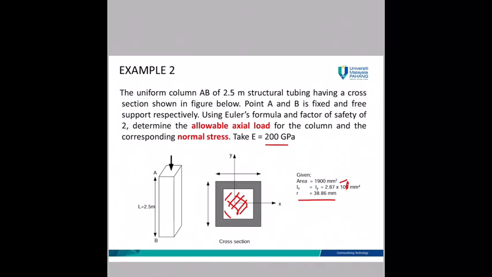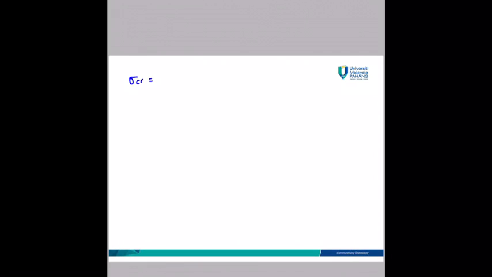And then the question asks you to calculate the corresponding normal stress, critical stress or Euler stress. Divided by area is given. I convert it into meter. Then you will get your answer for critical stress.